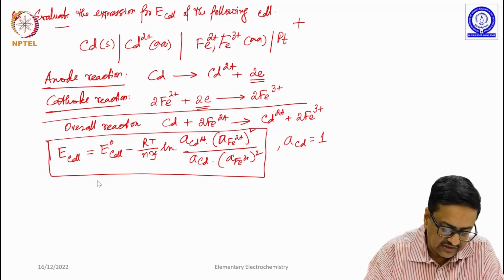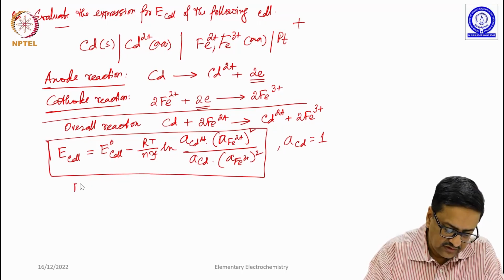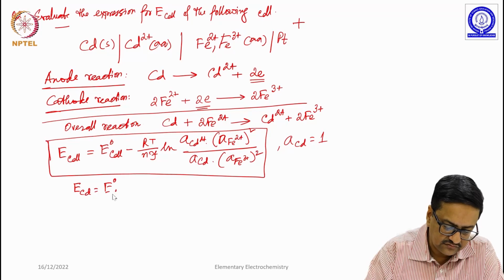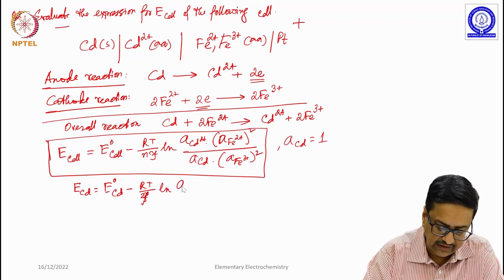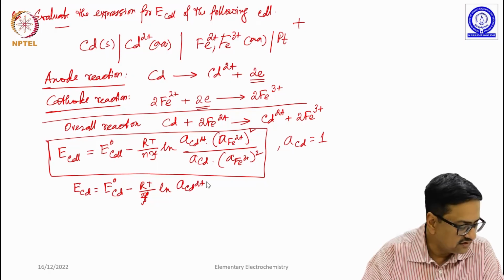On the other hand, one can write E Cd is equal to E0 Cd minus RT by 2F ln activity of Cd2 plus.